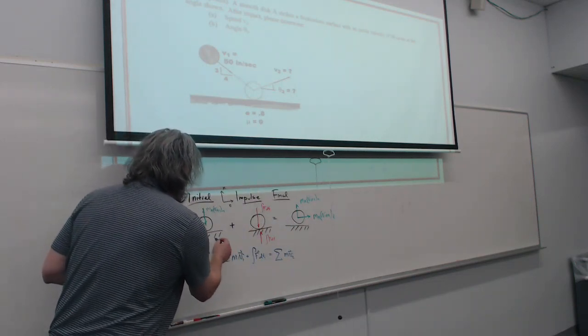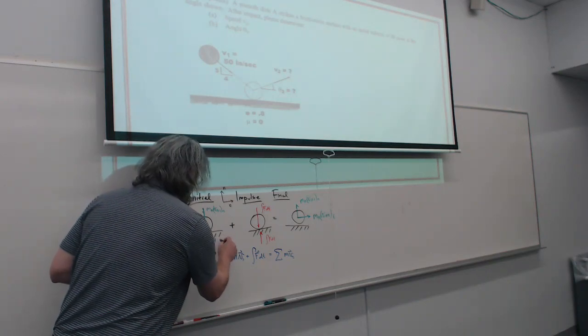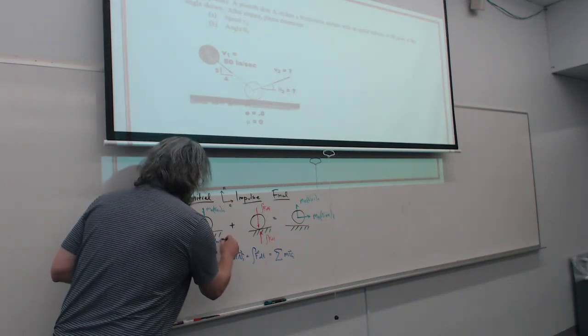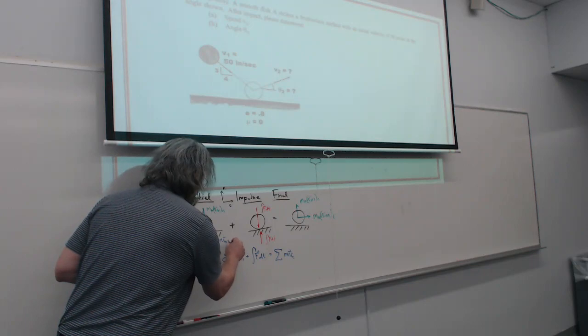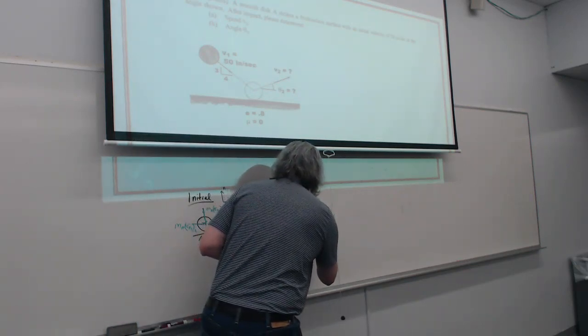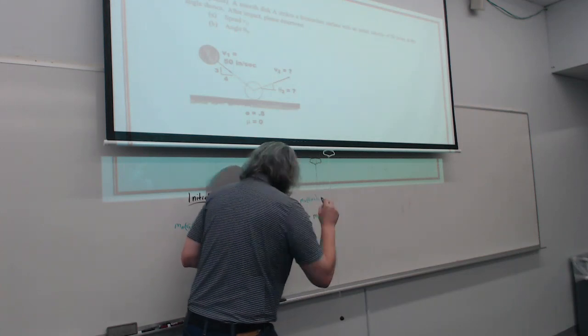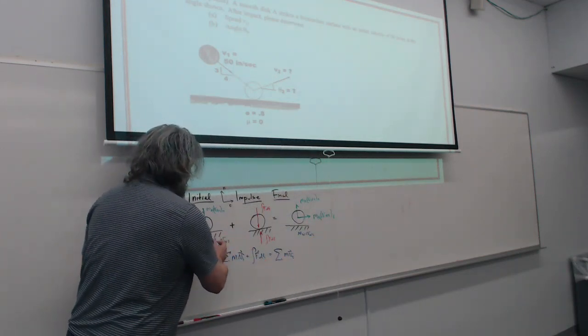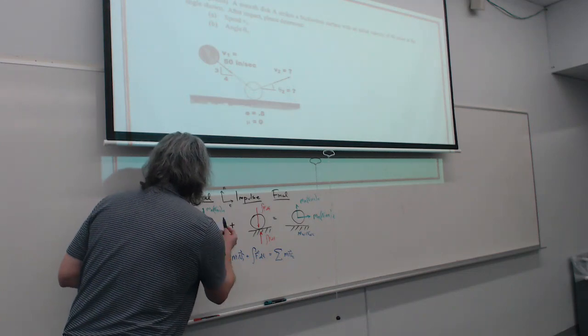But recall here that we also have the mass of the world times the velocity of the world at 1, and the mass of the world times the velocity of the world at 2.